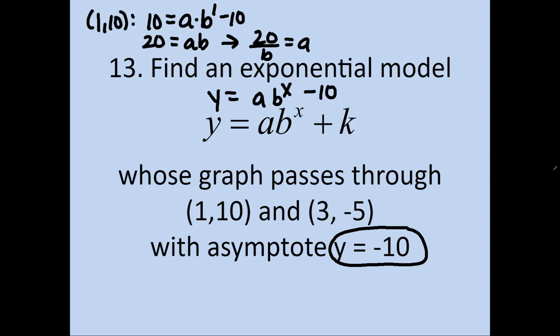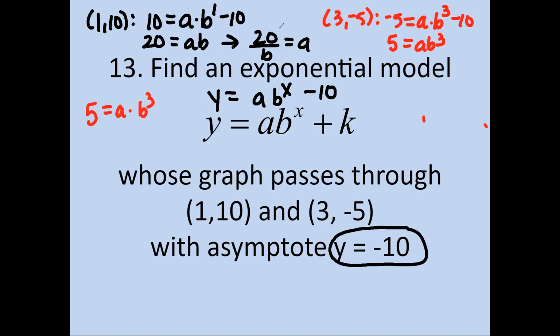Now I'm going to do it with the other point. Let me just grab a different color. Okay, so then I'm going to do it with 3, negative 5. So I'm going to get negative 5 is equal to a times b to the third, minus 10. Add 10. 5 is equal to a times b to the third. So now I'm going to take that equation, write it over here, 5 equals a times b to the third, and I'm going to substitute 20 over b in place of a.